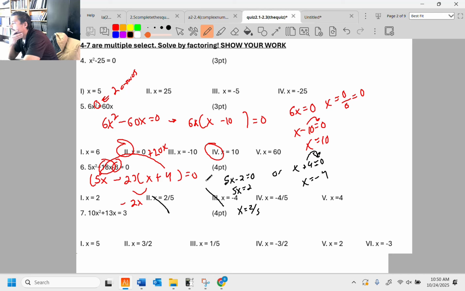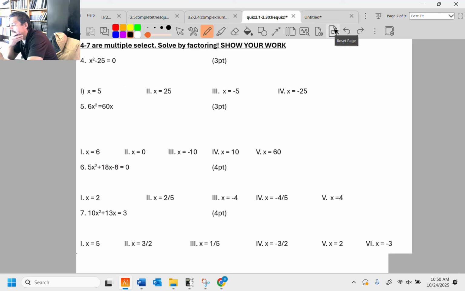All right, moving on to number 7. Of course, you have to get that 3 on the left. 10x squared plus 13x minus 3 is 0. The way we're going to make the 10x squared is a 5x and a 2x. And I want to get to 13, so I want a 3 here and a 1 here, because factors of 3 are 1 and 3.